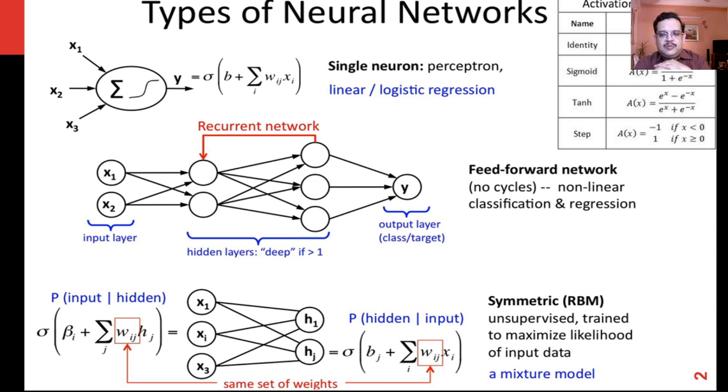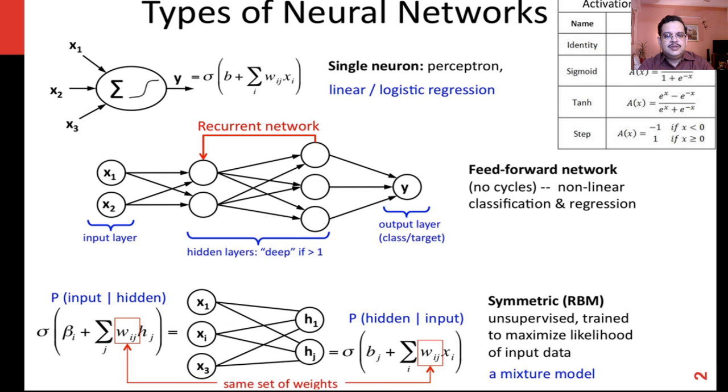There is one type of network which we may not have the time to really get into, called Boltzmann machines, and the one that you see at the bottom is symmetric, an RBM. As opposed to a feed-forward network, a Boltzmann machine may have activation flowing in both directions.